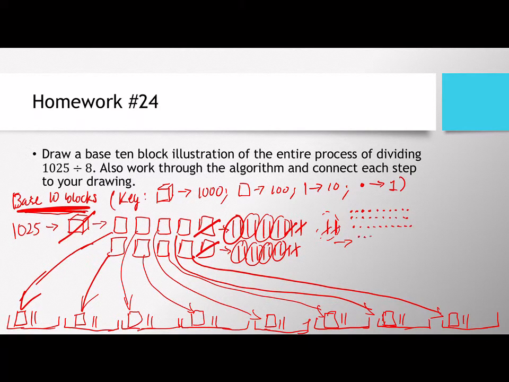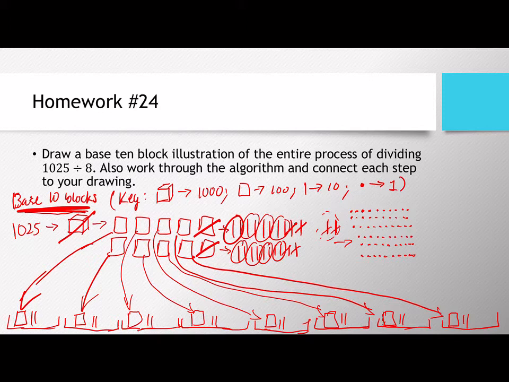60 units. Okay, so we have 60 units here, and we're going to divide those up into 8 groups.